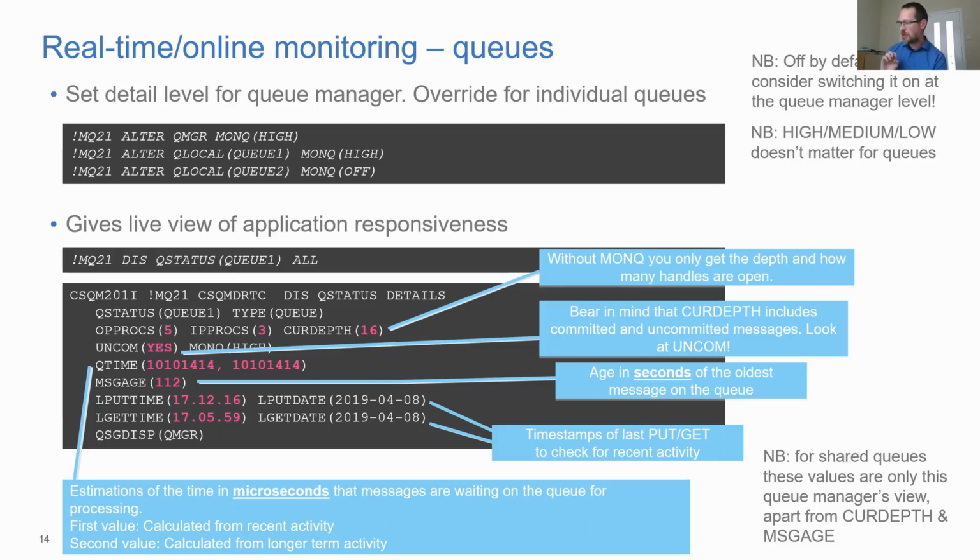So when you look at a shared queue, because obviously that queue is being used by multiple queue managers in the queue sharing group, you'll see the same cur depth across those queue managers, but things like IP procs and OP procs and last put time, last get time is that local queue manager's view. So if it is a shared queue, go and look across the whole queue sharing group to get a complete view. And you can tell that by whether the QSG disp down the bottom is queue manager or shared.